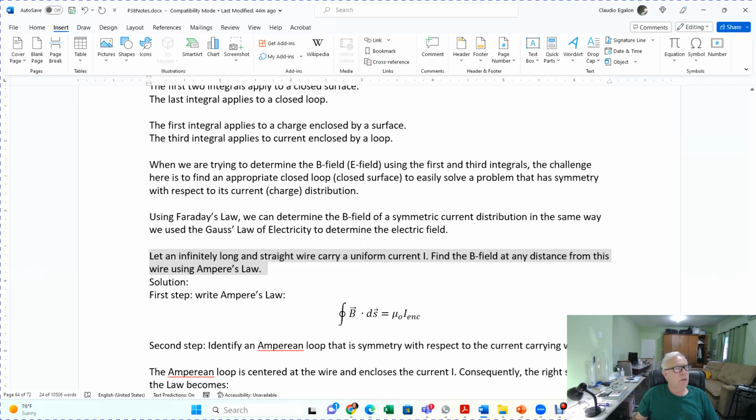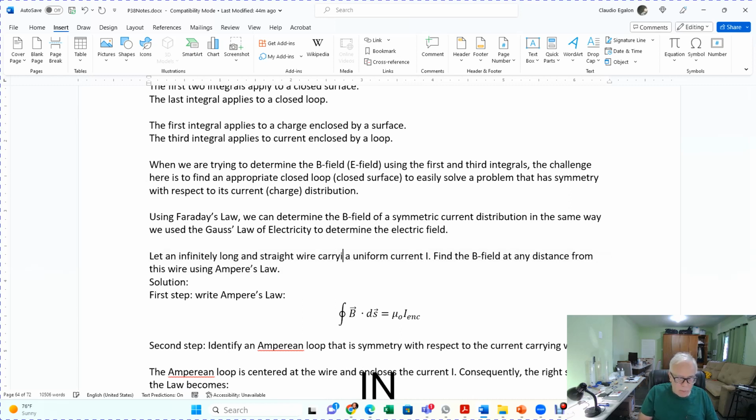Determine the magnetic field of an infinitely long straight wire carrying a uniform current I. Okay? Find the B field at any distance from this wire using Ampere's law.